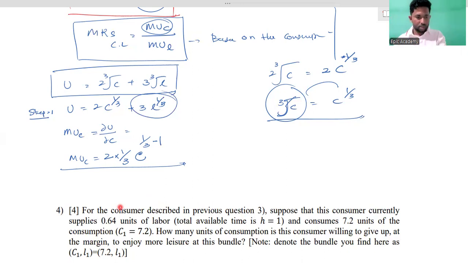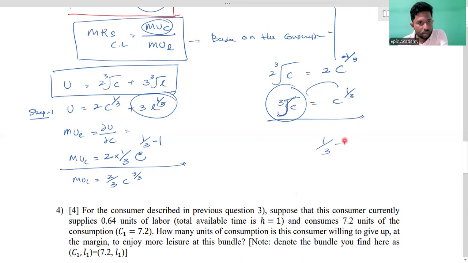Simplify this one. So MUC will be 2 divided by 3, C to the power of 1 by 3 minus 1, isn't it? That is minus 2 by 3, right? Minus 1, yeah. That means 1 by 3, so we can calculate it.